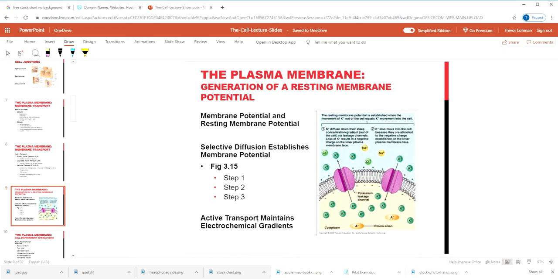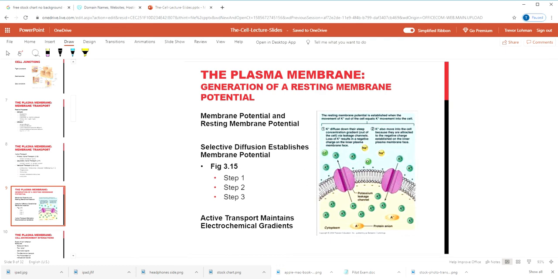A membrane potential is the same thing, except instead of a rock, we're talking about charged particles. Say I take a cell membrane, here's one in my picture, and I put a ton of potassium inside, say 10 times more potassium inside than outside, which is the case in our cell. I've created a potential, and let's say it's sealed, so there's nowhere for it to go.